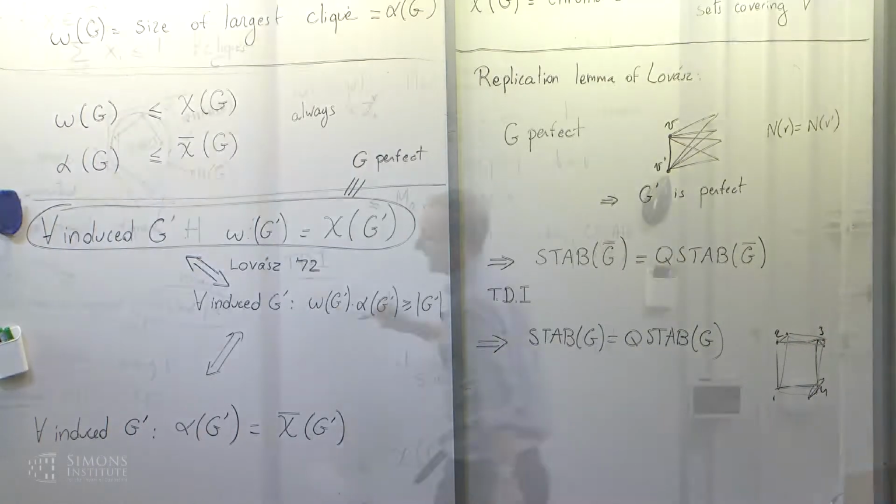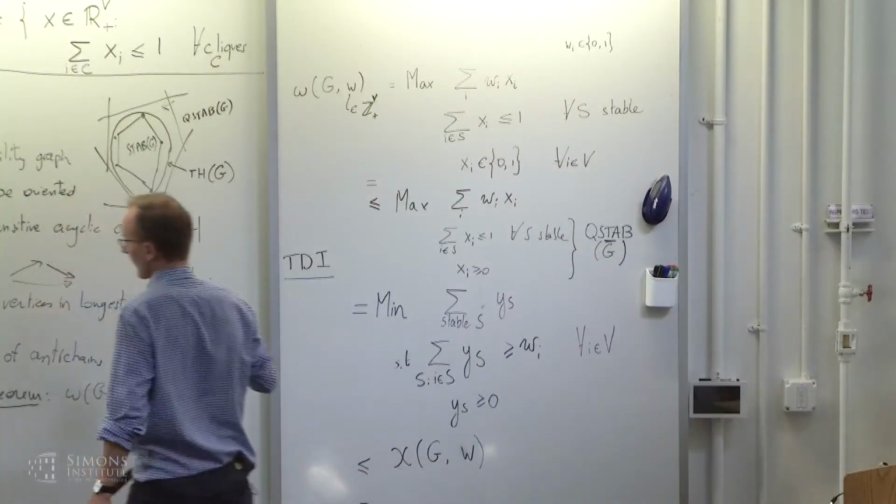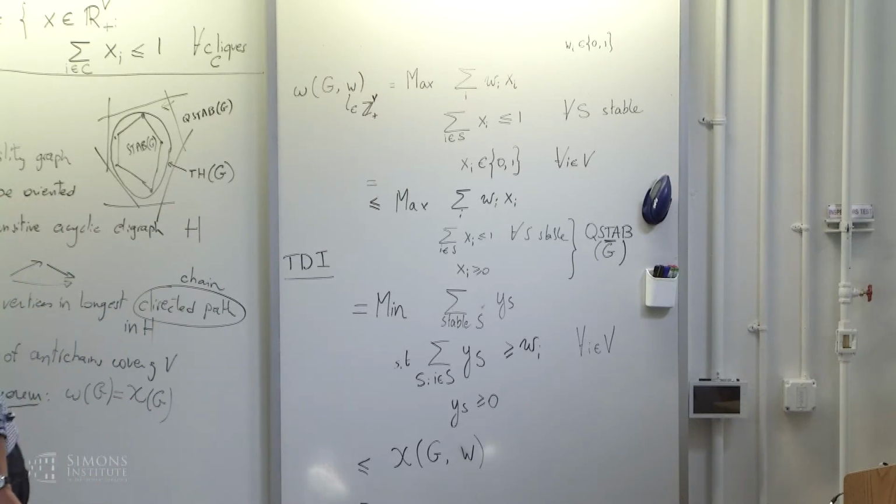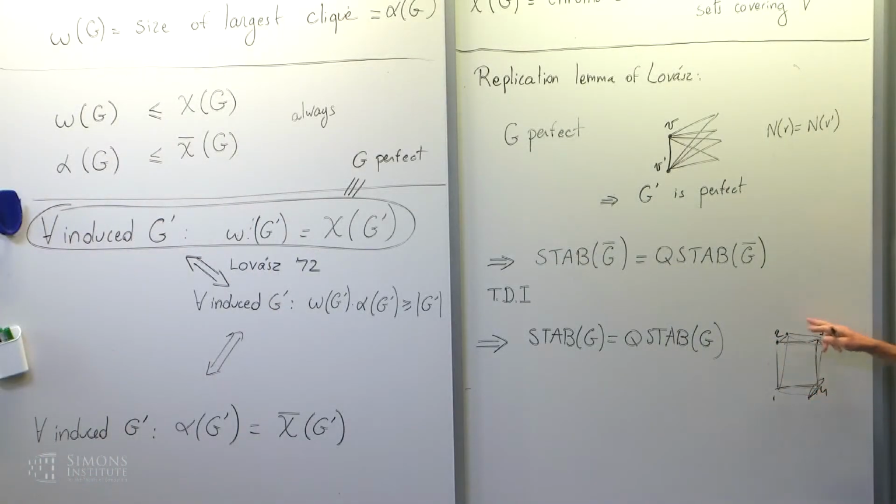From that, I get that this new graph is perfect. Now, in this new graph, you can show that the largest clique corresponds to the same value as the largest weighted clique in the original graph. That's one thing.